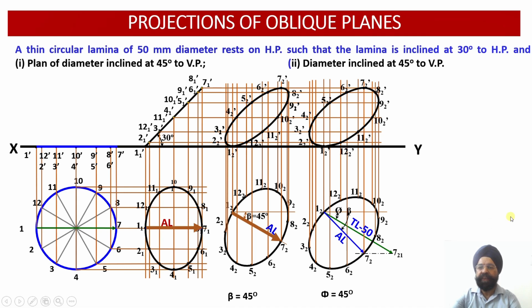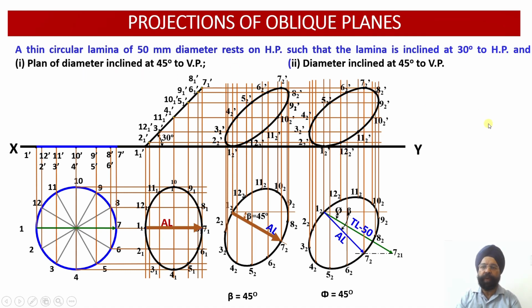So with this, we have worked out how we can draw the front view as well as the top view of the circular lamina when the lamina happens to be inclined to both the horizontal plane as well as the vertical plane.